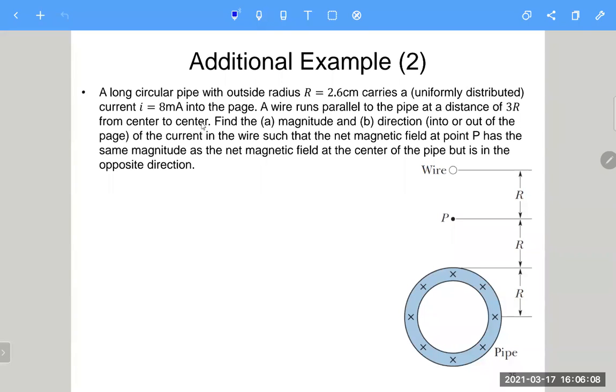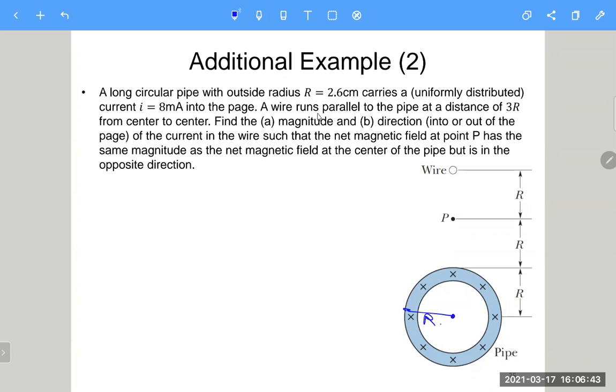Here is a long circular pipe with outside radius R, which means from this point to here is R. It carries a uniformly distributed current into the page, so we have crosses indicating the current going into the page.